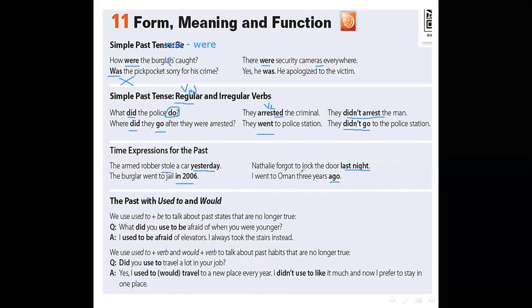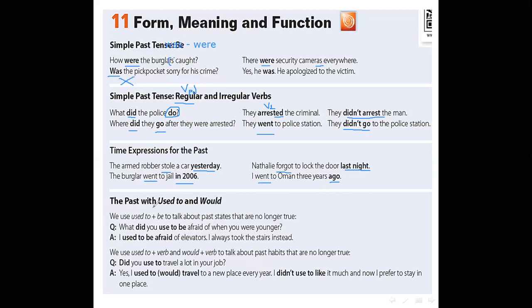Natalie forgot to lock the door last night. Where is the main verb here? Excellent. Forgot. It's the past form of the verb forget, irregular verb. The burglar went to jail in 2006. The past form of go. I went to Oman 3 years ago.